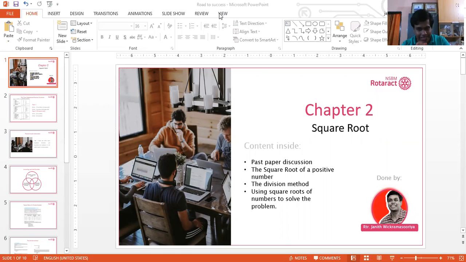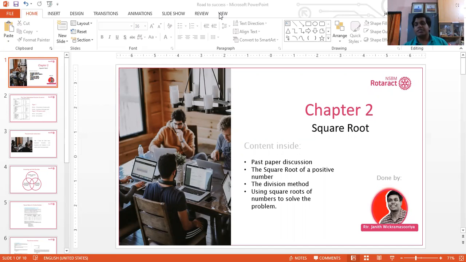This is a very small chapter. So what we are going to do today, the content inside will be, first of all, the paper discussion, as number one. I wanted to mainly focus on that because one factor common in my lessons in Road to A Plus, Grade 10 Mathematics, is that I always talk about past papers.